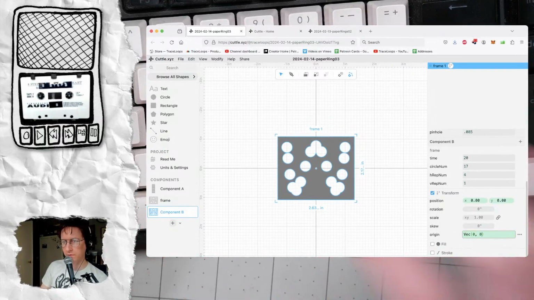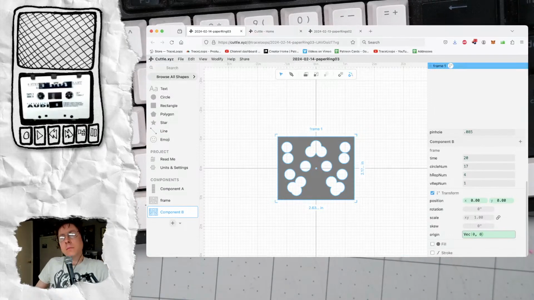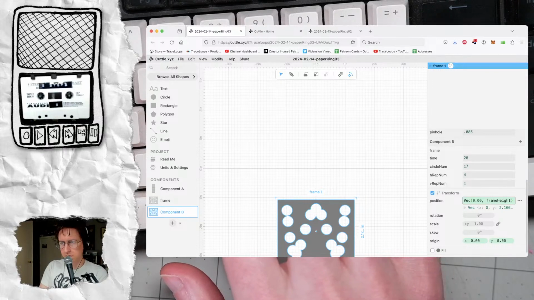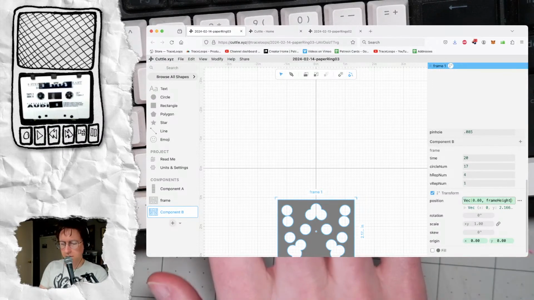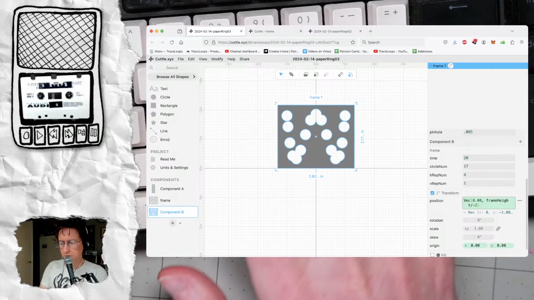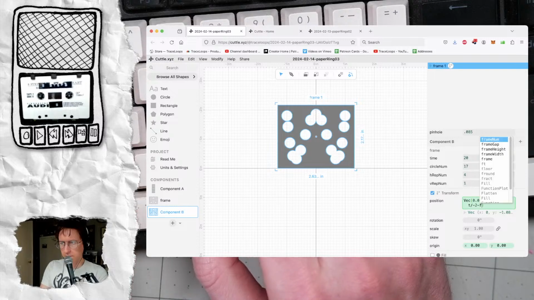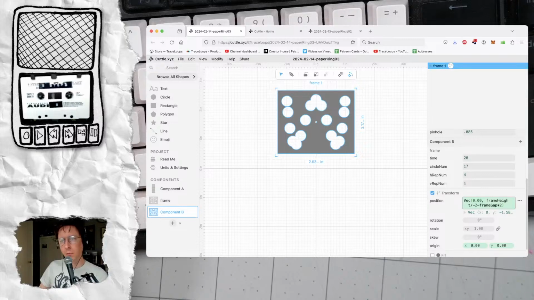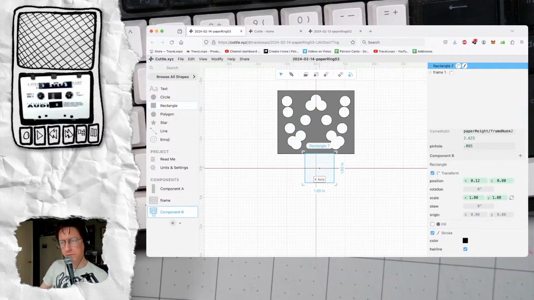I don't know why that origin gets weird, but I'm going to have this position be frame height divided by -2 minus frame gap times 2.